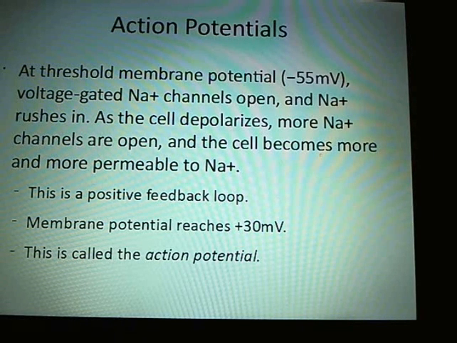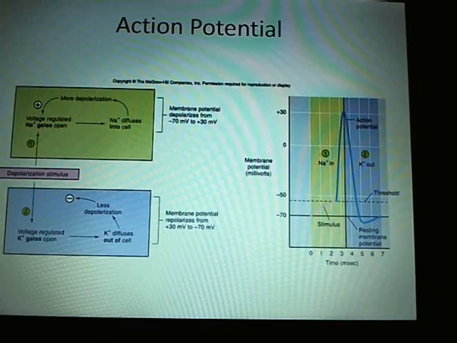The voltage-gated sodium channels open, sodium rushes in, the cell depolarizes. As it depolarizes, more sodium channels open, the cell becomes more and more permeable to sodium. What happens is it goes from -70 to almost positive 30 millivolts, and that's your action potential. Your action potentials are really all or nothing. Once it starts, it goes.